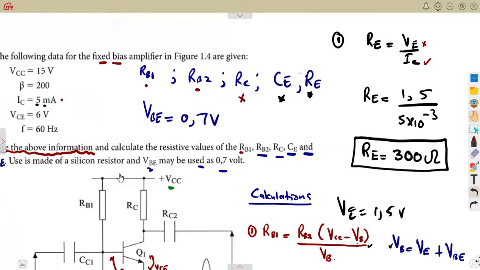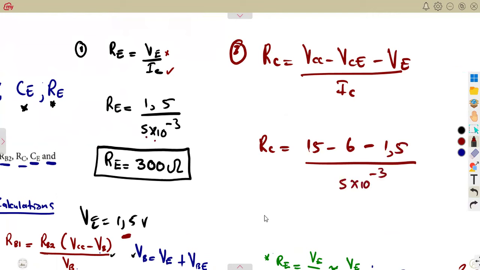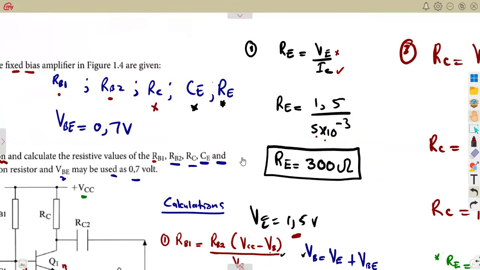So you're going to have 15 minus 6 minus VE. Remember, you calculated VE, you got 1,5. Then you divide by the collector current. Remember, your collector current was 5 times 10 to the exponent of -3, 5 milliamps. So that is going to give us RC, which is 1,500 ohms, or 1,5 kilo ohms, depending on the way that you want to have it written.